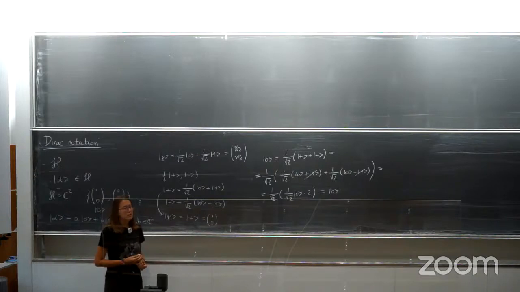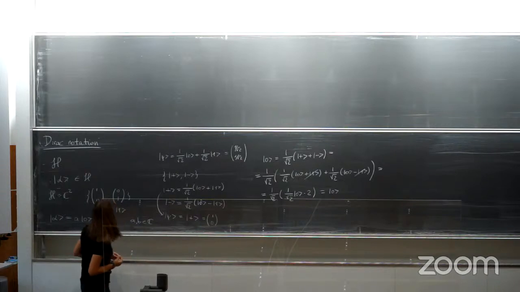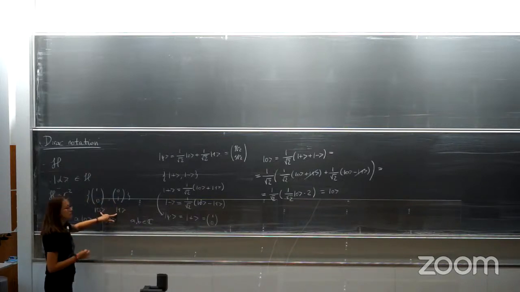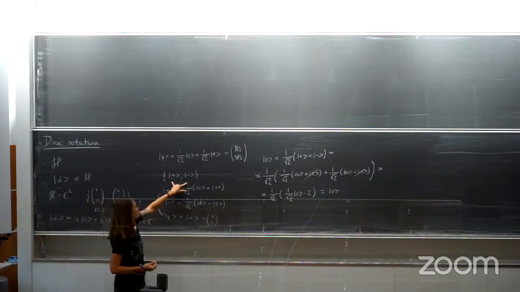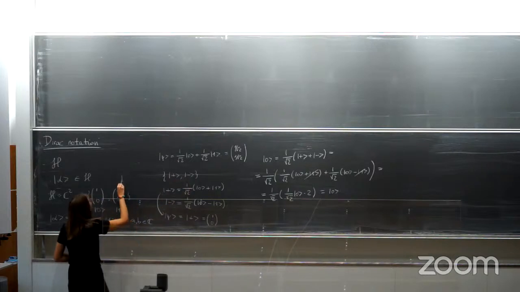For example, the Z gate can be seen as a 2x2 matrix. Its eigenbasis is 0, 1, and the eigenbasis of the X matrix is plus, minus. So this is for future reference.